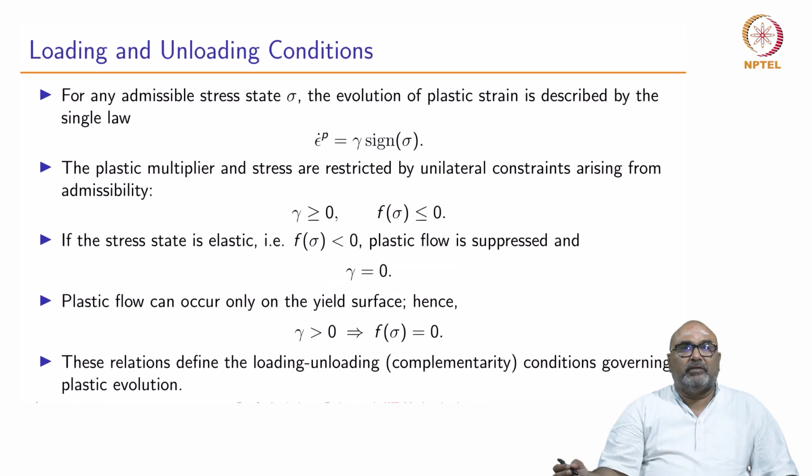So, for any admissible stress state sigma, the evolution of plastic strain is described by the flow rule, which is given by epsilon dot p equals gamma times sign of sigma.